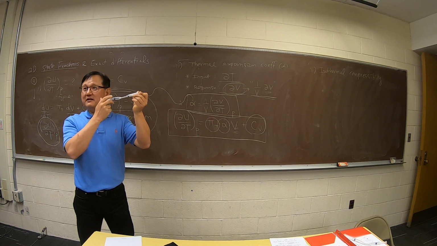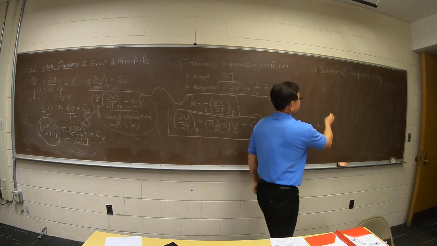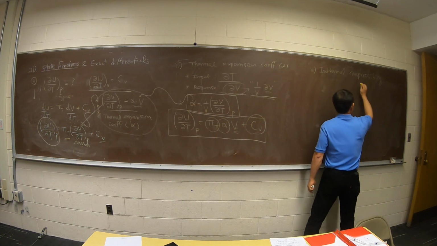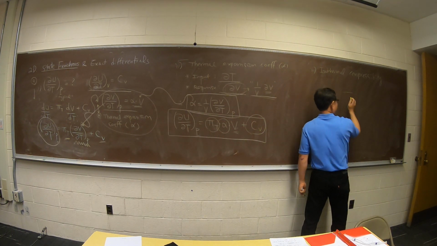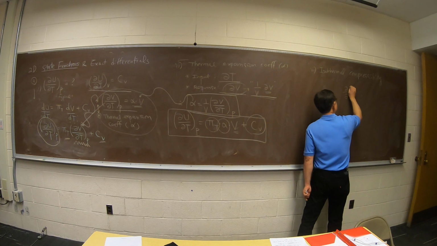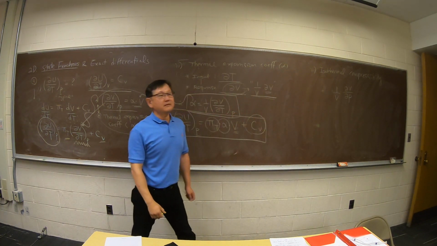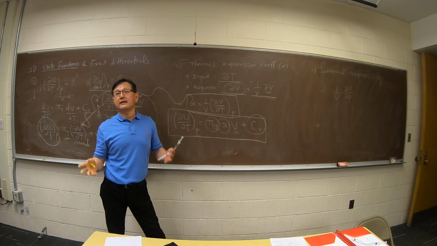Volume. But like I said, the volume depends on your volume itself, right? So I think that I'm going to write it this way first. I'm changing my pressure, right? And I want to measure the volume change in a normalized way. That's the compressibility idea.